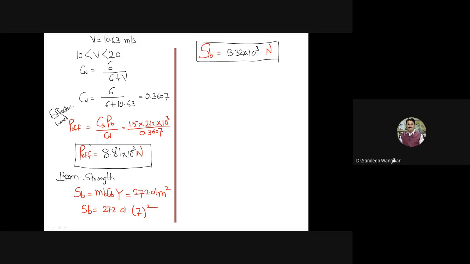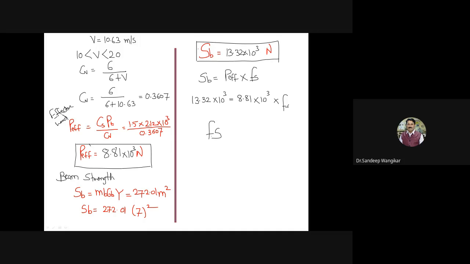Now again I will say SB is equal to P effective into FS. So I will put value of SB, 13.32 into 10 raised to 3. I will put value of P effective, 8.81 into 10 raised to 3, and I will calculate the value of FS.